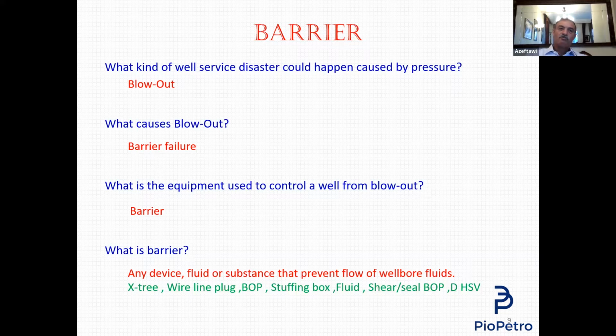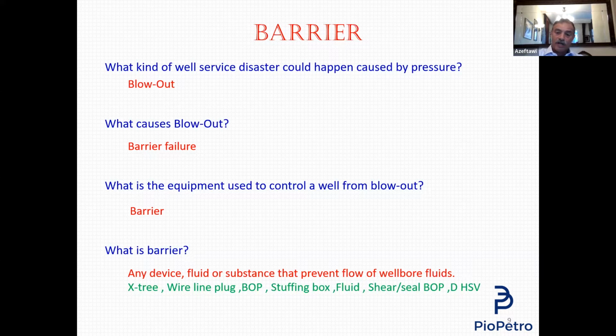The examples we have in the oil field of a barrier that prevents the flow of hydrocarbon is the Christmas tree, of course. The Christmas tree, which is on top of the wellhead, prevents the flow of hydrocarbon when you close the valves, whether swab valve or master valve.